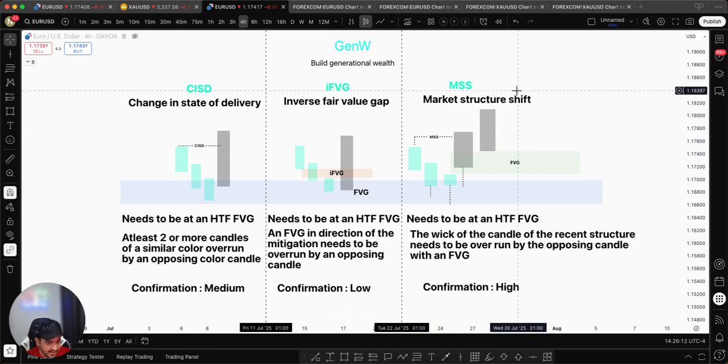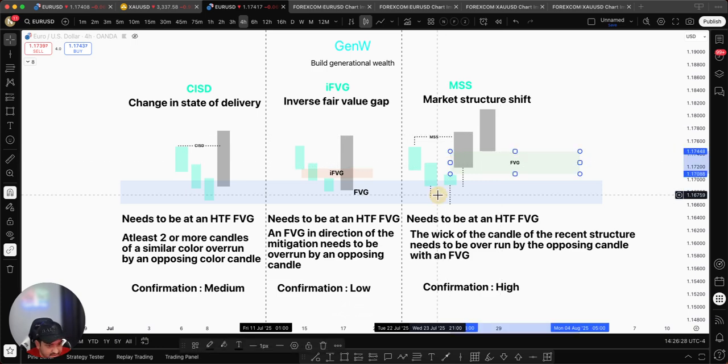And not just that, for high quality market structure shifts, you need to ensure that this market structure shift also happens with volume. Now, how do you identify if the MSS has happened with volume? By identifying if the MSS has an FVG or not.